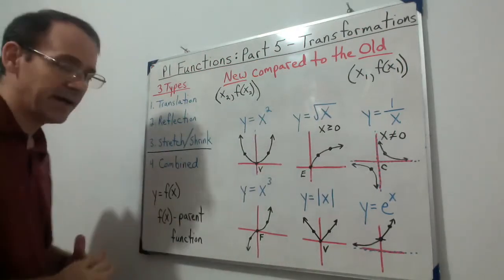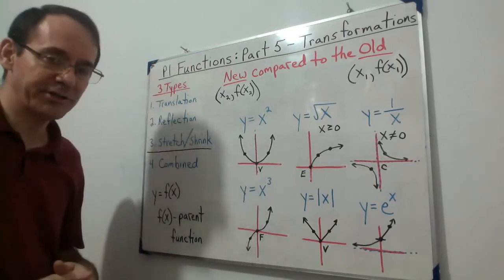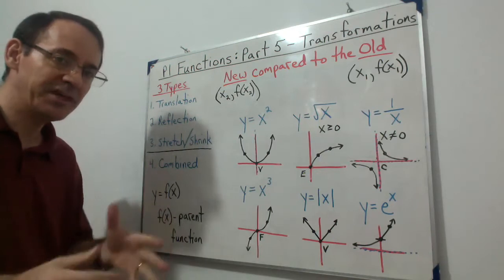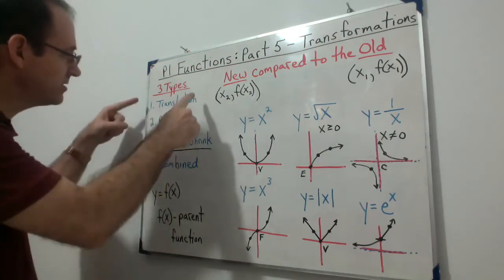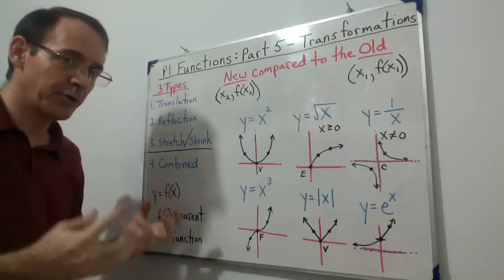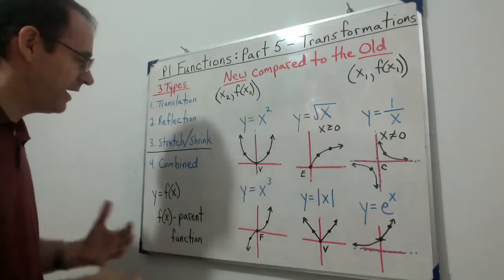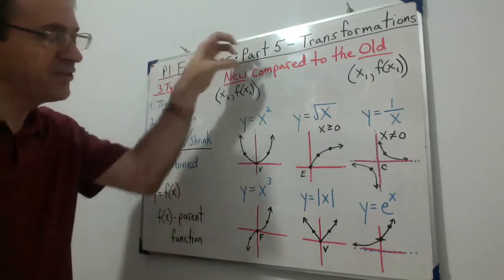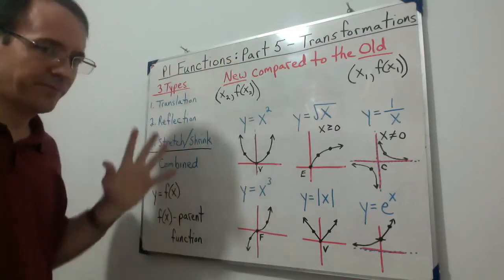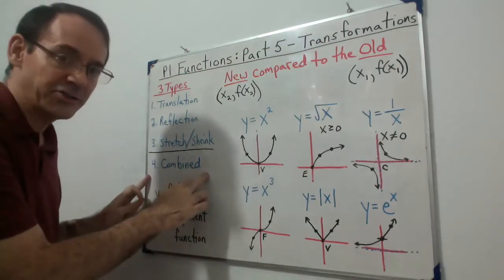Then there's going to be a combined, where you mix more than one transformation together. In this video, I'm going to focus on each one of these separately. We have to cover both the x variable and the y variable. Then I will give a separate video, so that this isn't too long, to cover combined transformations.